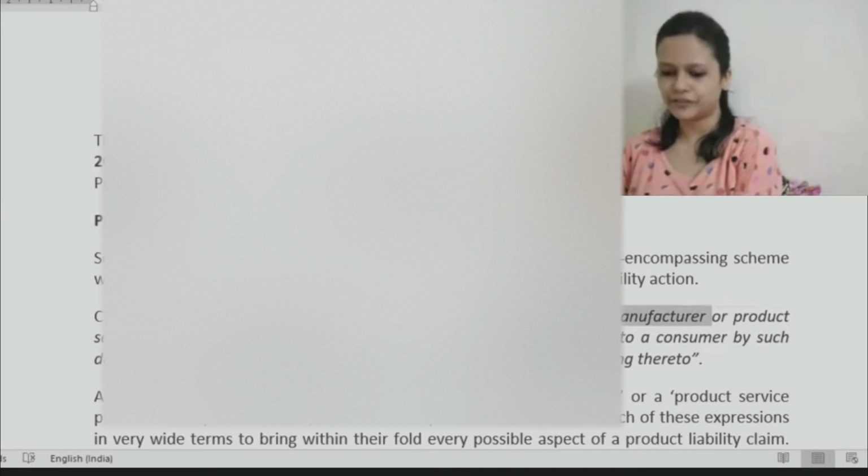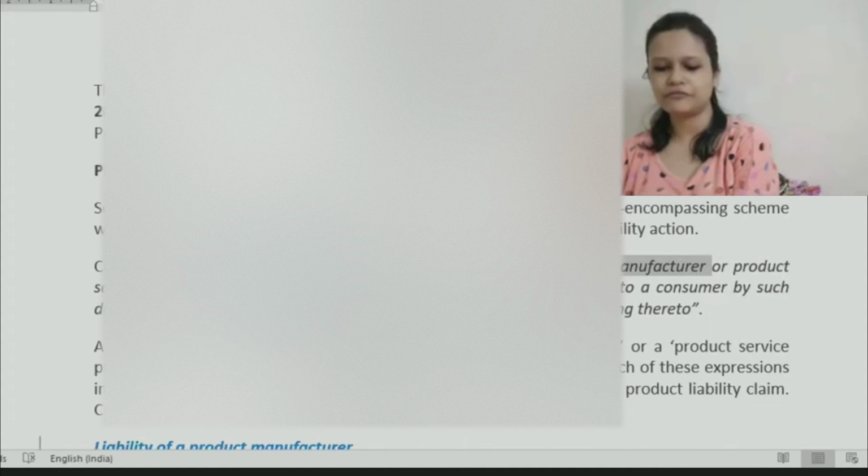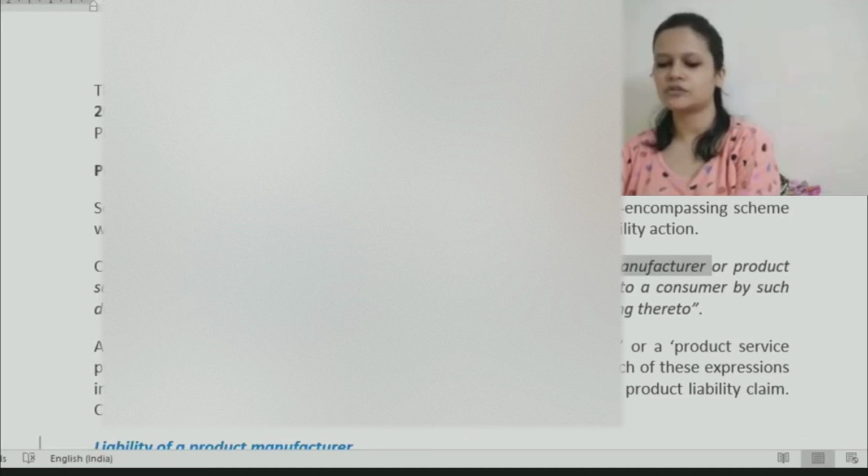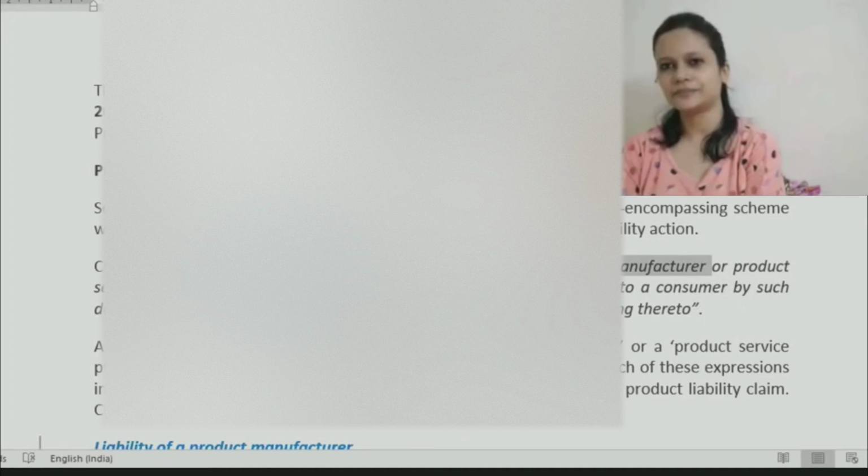So it is the responsibility of a product manufacturer, product seller, or any product service provider to compensate for any harm caused to the consumer by such defective product manufactured or sold, or by deficiency in service related thereto.